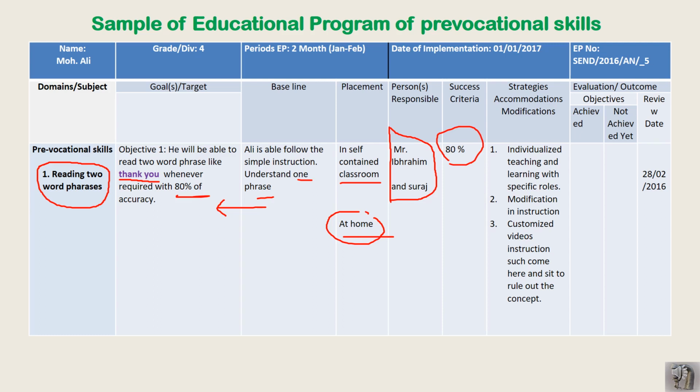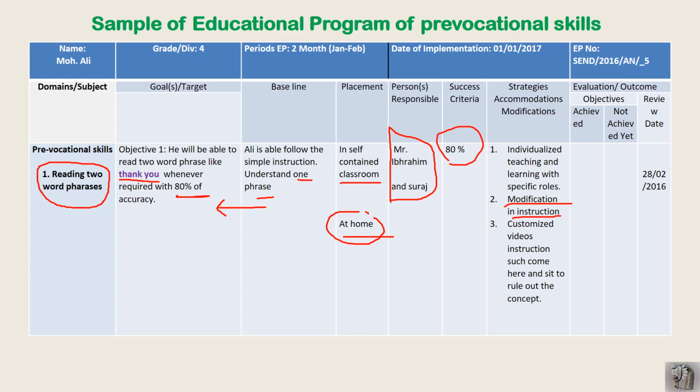And what are the strategies, accommodations, modifications I will be taking? Well, here modification in the instructions. Of course I cannot give multiple instructions at a time, because my target is to teach two-word phrases. So this is how I'm going to modify the target, and I will use customized video instruction, so that I can clear the concept for my child.